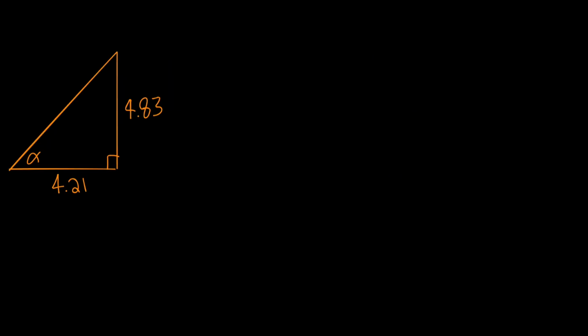Okay, so moving on to the following example, we have an opposite side of 4.83 and an adjacent side of 4.21 relative to the angle alpha. So I'm going to get opposite as being 4.83 and adjacent as being 4.21, where the angle alpha is my unknown. So what this tells me is that I should be using tangent.